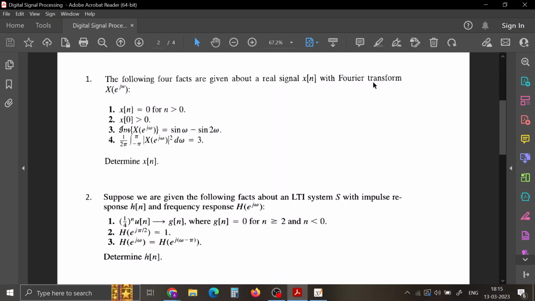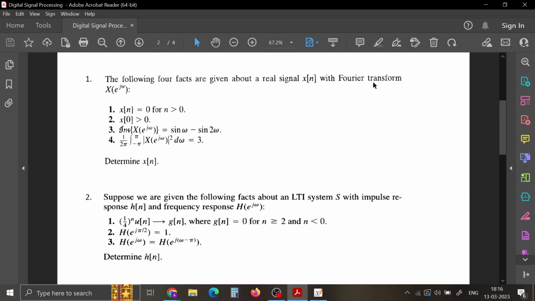If you go back to your lectures, while discussing the complex conjugation property of the Z transform, we saw that whenever the time domain sequence x of n is real, then the Fourier transform capital X of e power j omega, which is of course a complex number, has two parts, a real part and an imaginary part.